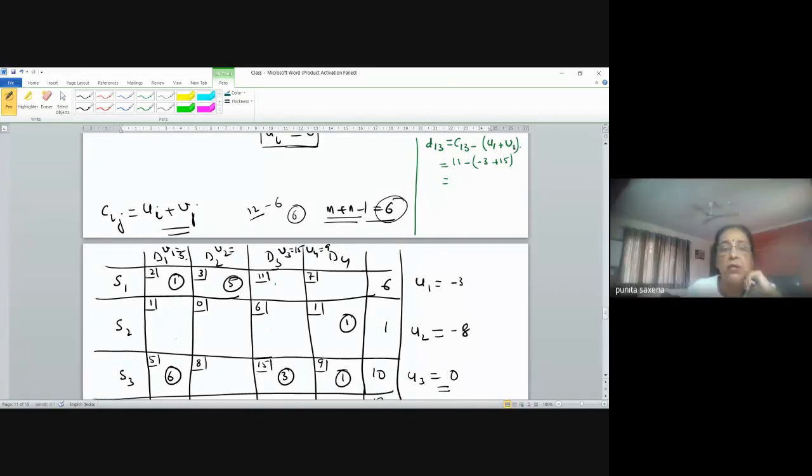Minus 1. So we write it here. Minus 1. Is this okay? Now compute the next one.